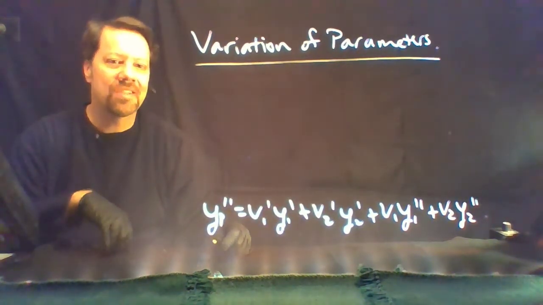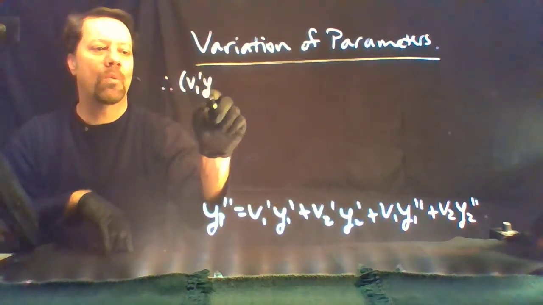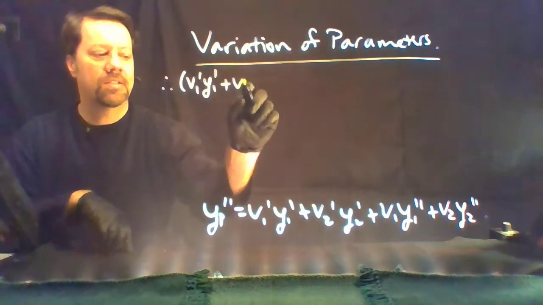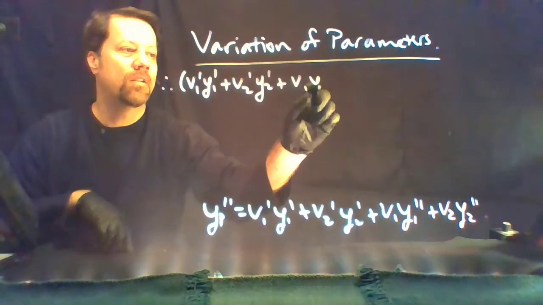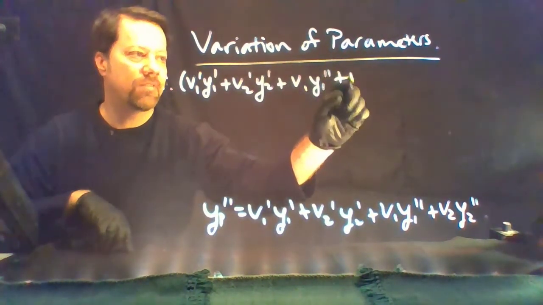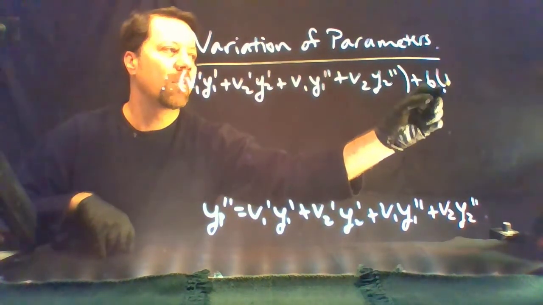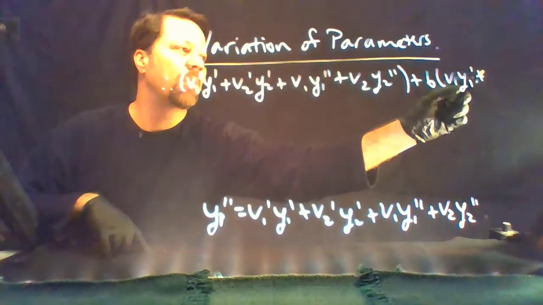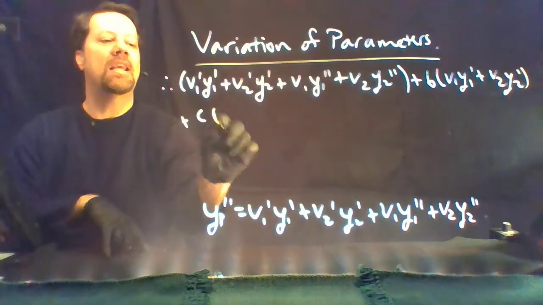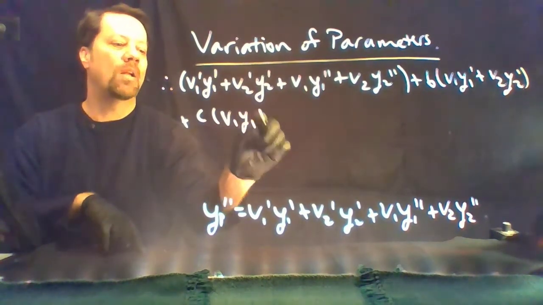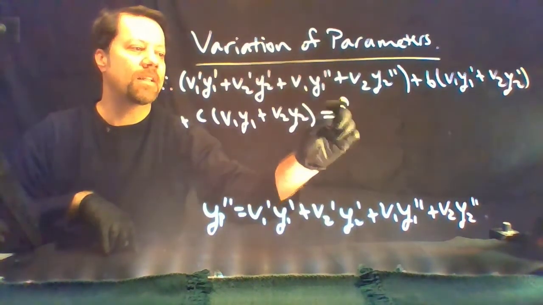Plugging all of this into the original differential equation, we have v1 prime y1 prime plus v2 prime y2 prime plus v1 y1 double prime plus v2 y2 double prime plus b times v1 y1 prime plus v2 y2 prime plus c times v1 y1 plus v2 y2. All of that must be equal to f of x.